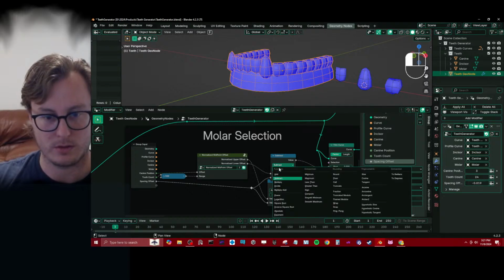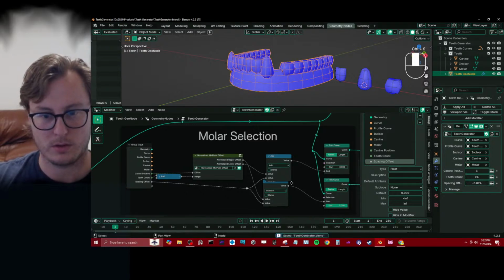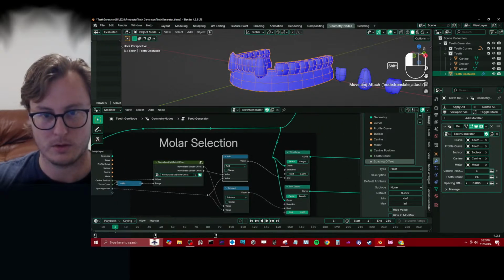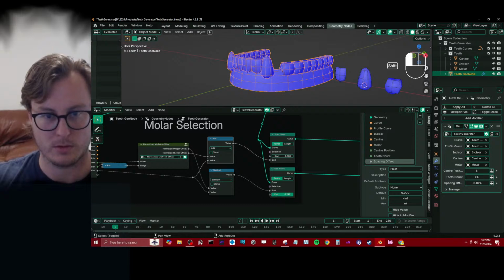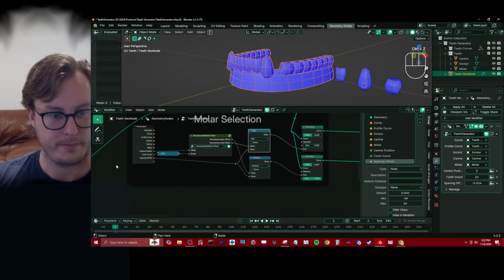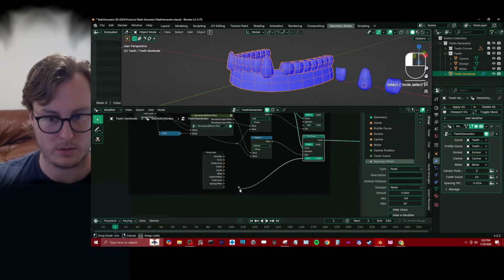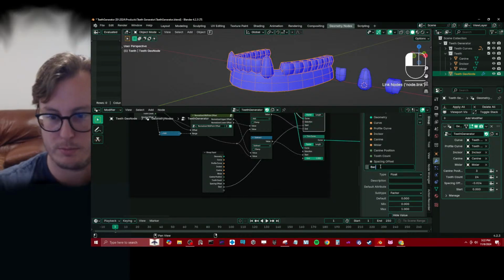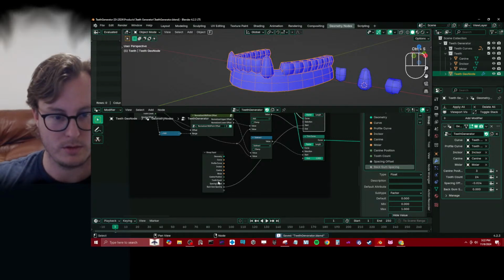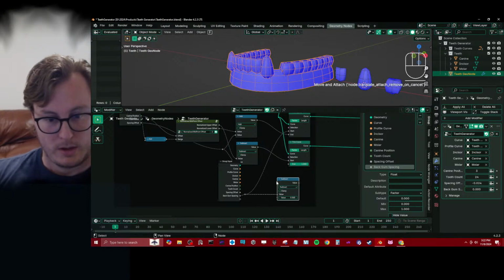Very similar to this. Back spacing. Correct.